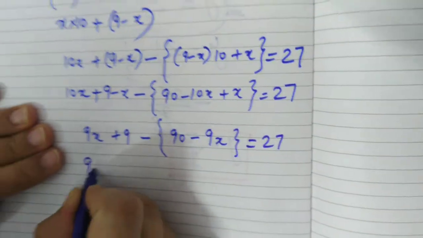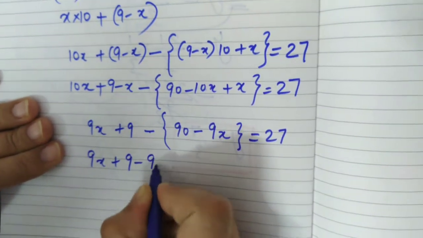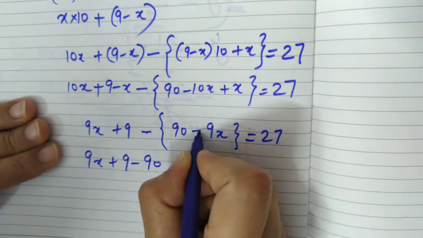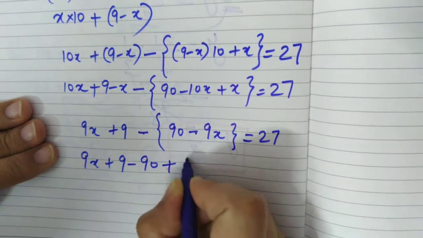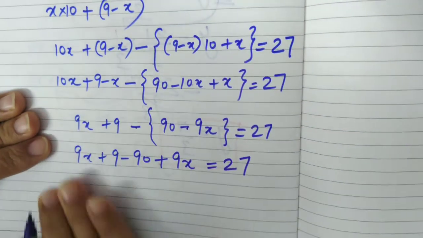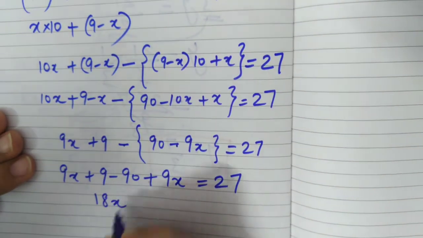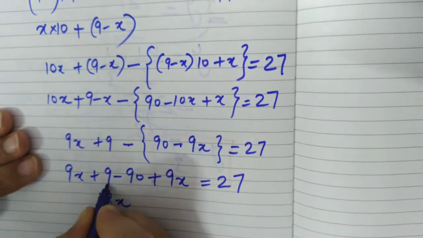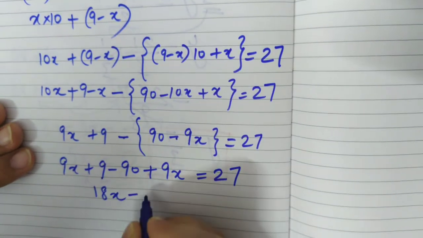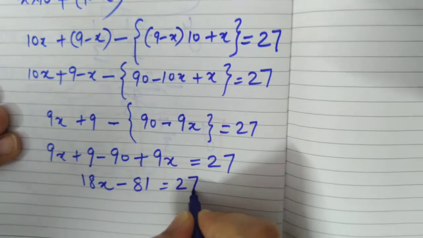So here when the bracket opens, 9x plus 9 minus 90, minus minus plus, so it will be plus 9x equal to 27. So 9x plus 9x will be 18x. 18x minus 90 plus 9, it will be minus 81, equal to 27.